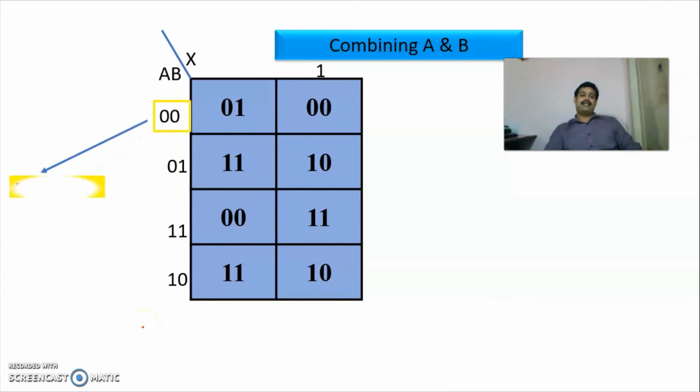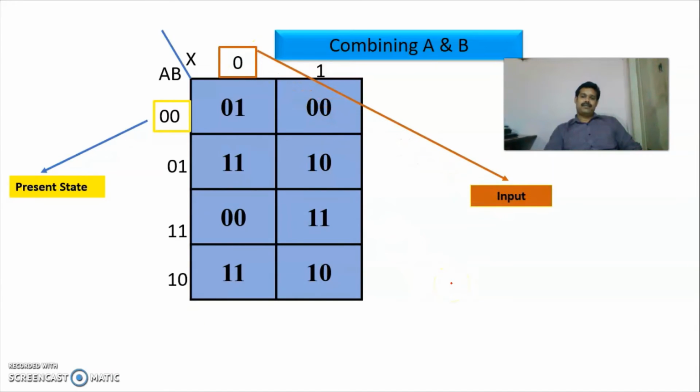From this, we have to write the state table. If you consider 0, 0 as the present state, and you give 0 as the input, we will be getting 0, 1 as the next state. So we have to convert this table into a transition table. Next, if you consider 0, 0 as the present state and give X as 1, that is input as 1, you will be getting 0, 0.